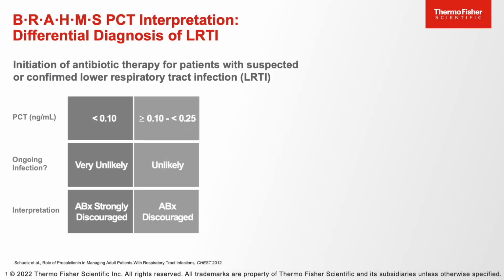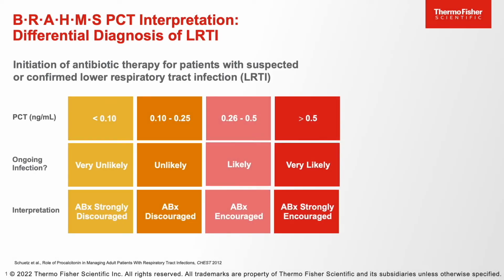So in this case, we can utilize procalcitonin cutoffs to help us determine if an ongoing bacterial infection is likely or not. And there are varying degrees of likelihood depending on the value. However, commonly we'll utilize a procalcitonin cutoff for lower respiratory tract infections of 0.25. If it is greater than that, ongoing bacterial infection is likely, and therefore antibiotics are encouraged.